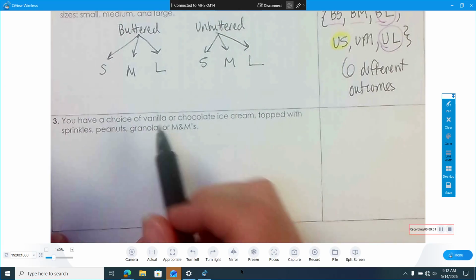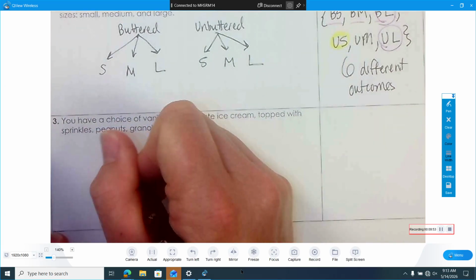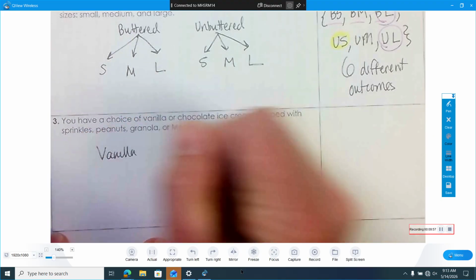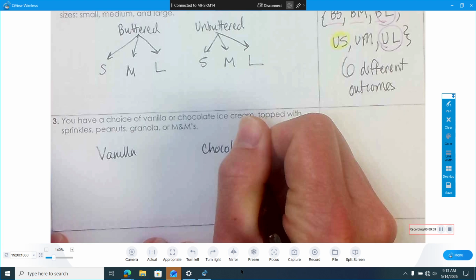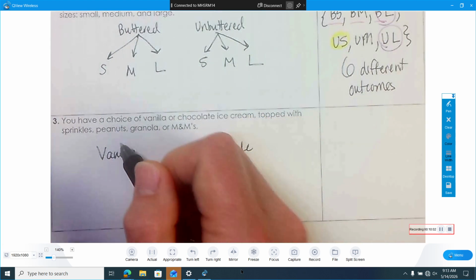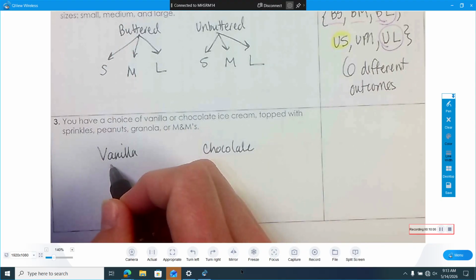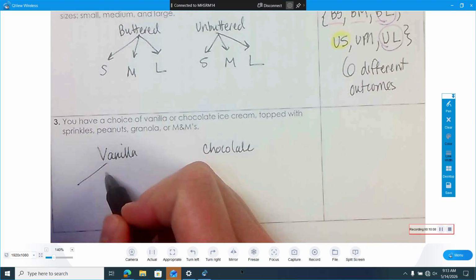All right. So we've got vanilla or chocolate as our first options. Good solid flavors there. Okay. All right. And then if I chose vanilla, what are my other options there?